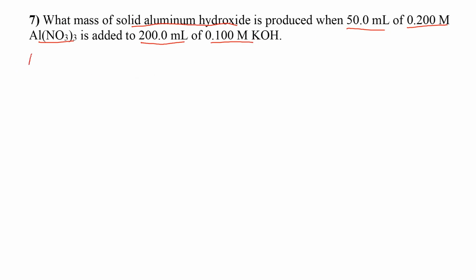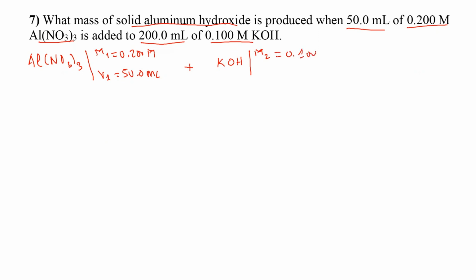So we know that we have a solution of aluminum nitrate, concentration M1 equal to 0.200, volume 50.0 ml, to which we add a solution of potassium hydroxide with a concentration M2 0.100 and a volume V2 200.0 ml. And this will produce aluminum hydroxide, which will be solid.